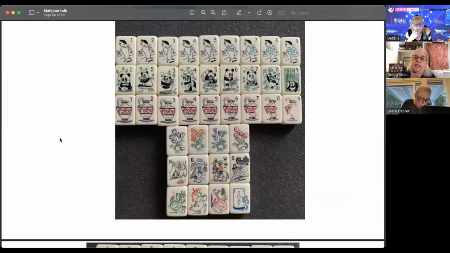Exactly. This one is harder. I happen to love this set. It's done by Chris Lloyd, but this was done by a New Yorker cartoonist. And up here we've got the dots. Up here we've got pandas eating bamboo. And these are the cracks. So the vase is cracking. And people think it looks like pizza too. And then here are some flowers, and then the winds, and then the darling dragons at the bottom.